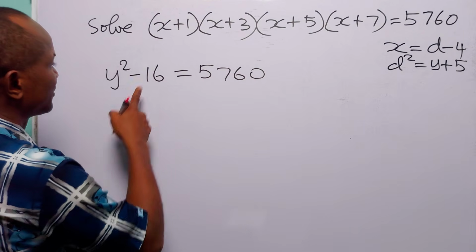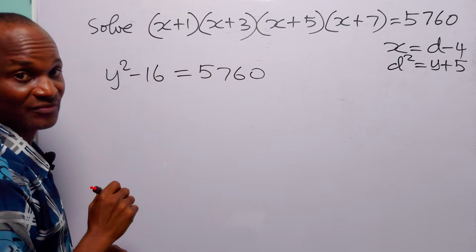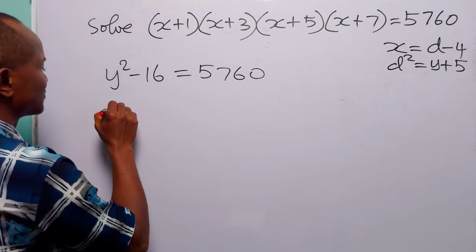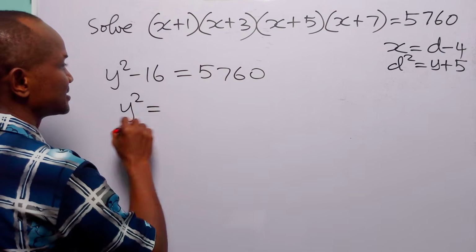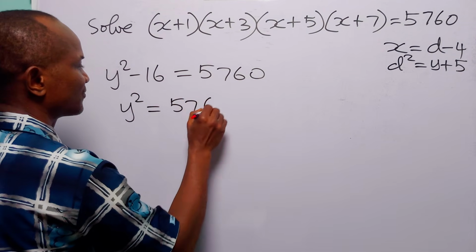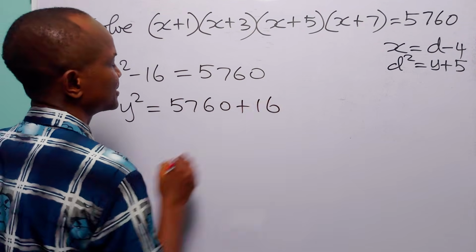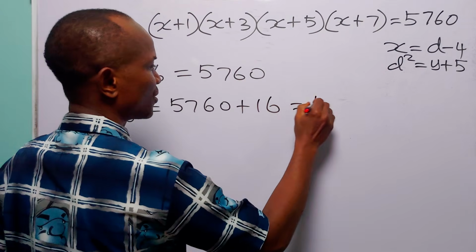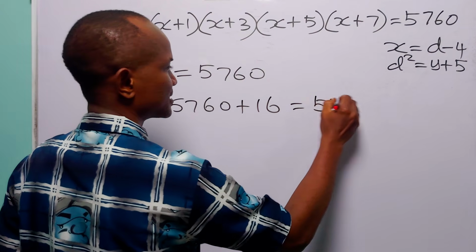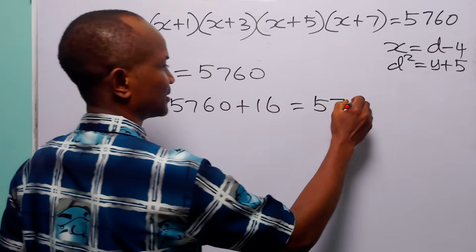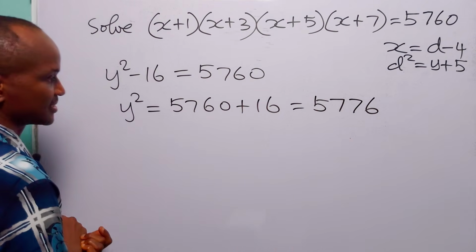And this is equal to 5,760. Now, let us add 16 to both sides of this equation. When we do that, we have that y squared is equal to 5,760 plus 16. This is equal to 5,776.